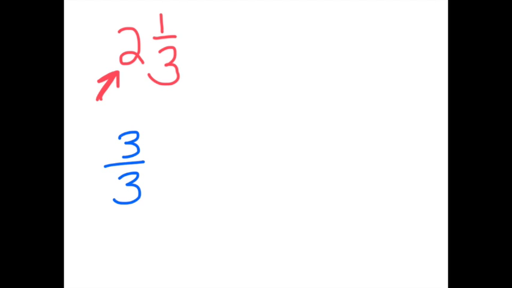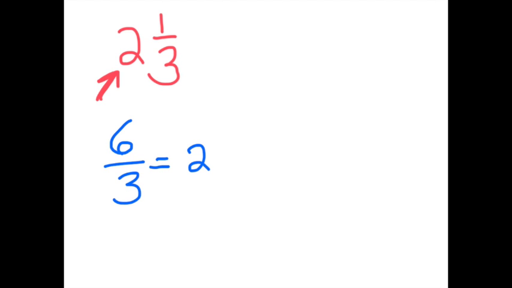But that does not equal 2. That equals 1. We're looking for something over 3 that equals 2. The conclusion is that we can rewrite 2 as 6 over 3.